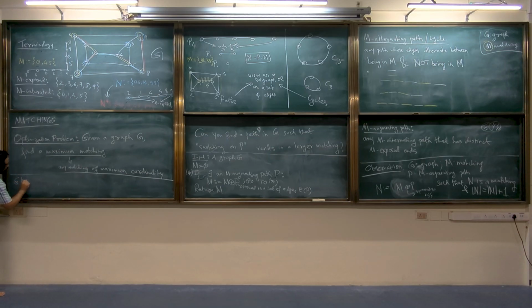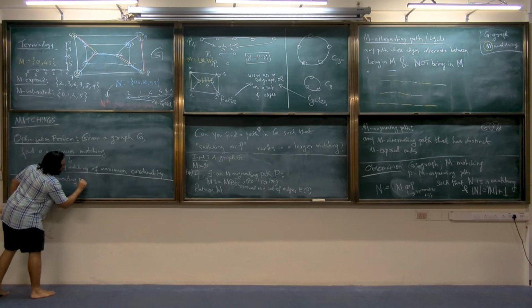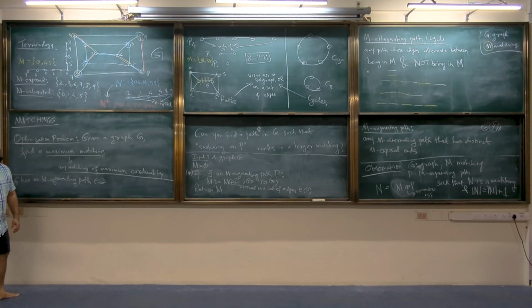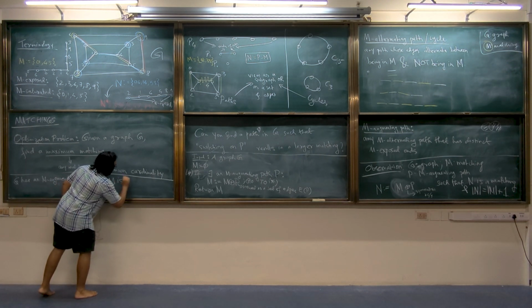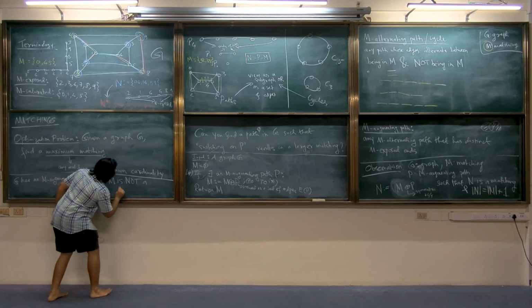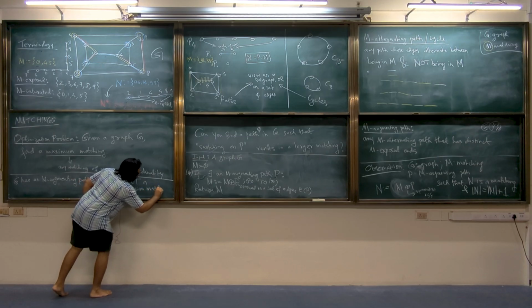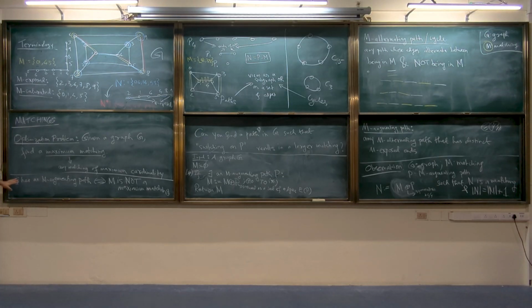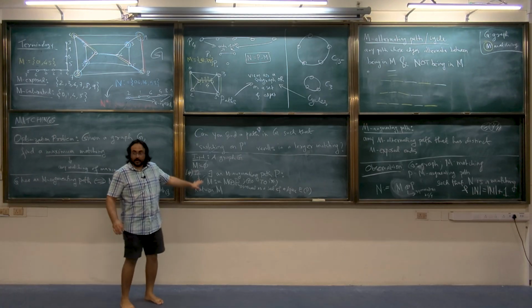G has an M-augmenting path if and only if M is not a maximum matching. Supposing this is a true statement, do you all agree that this works?